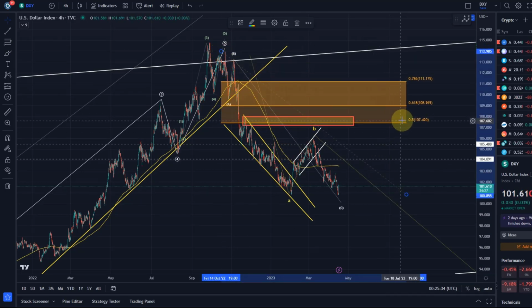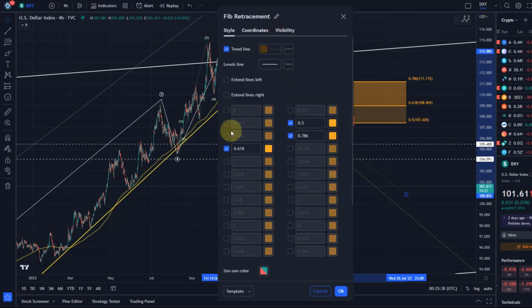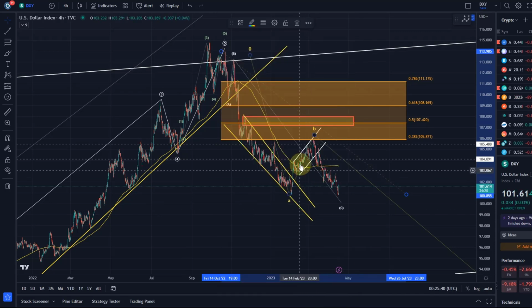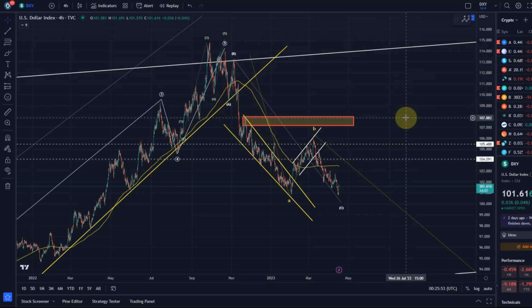See, we never even reached the 50% retracement. Did we actually reach the 38.2? Yeah, we reached the 38.2. It's valid for a B wave, but super, super shallow. Ideally, I would want to see the 50% retracement or the golden ratio here at $109.